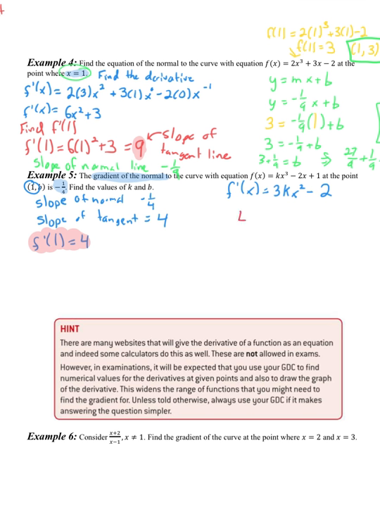So I can say 4 equals 3k times 1 squared minus 2. Using that knowledge to plug in and solve for k now.